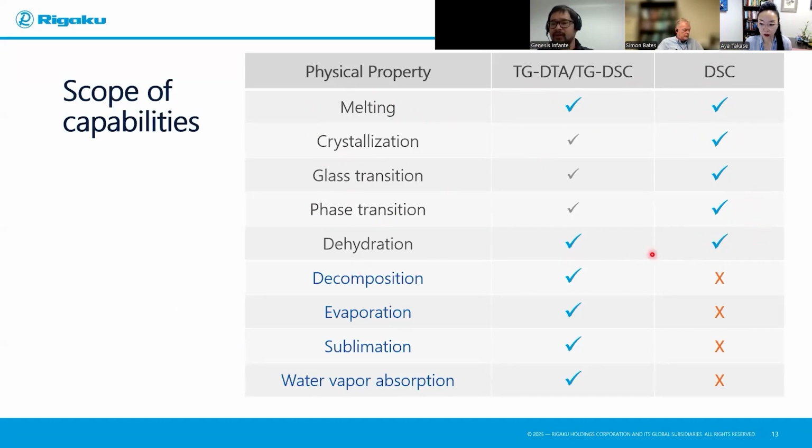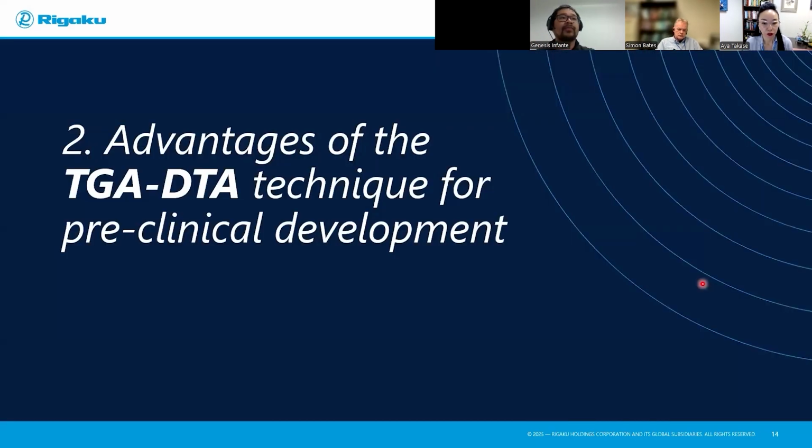Dehydration, both can really cover. However, for decomposition, evaporation, sublimation, and water vapor absorption, reactions that tend to have an associated mass loss or mass gain, the DSC is really not as suited, because you can't really tell unless you have that mass loss or mass gain data associated with it.